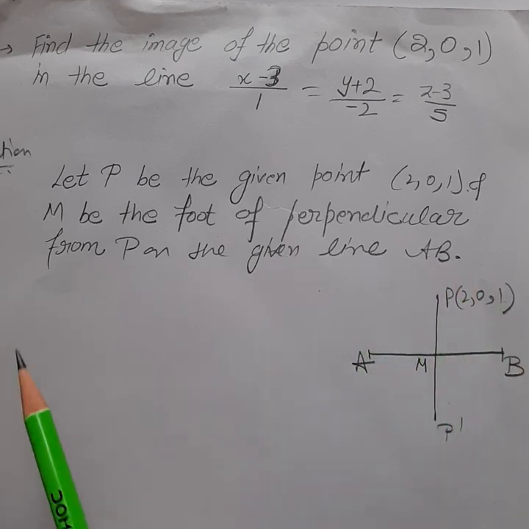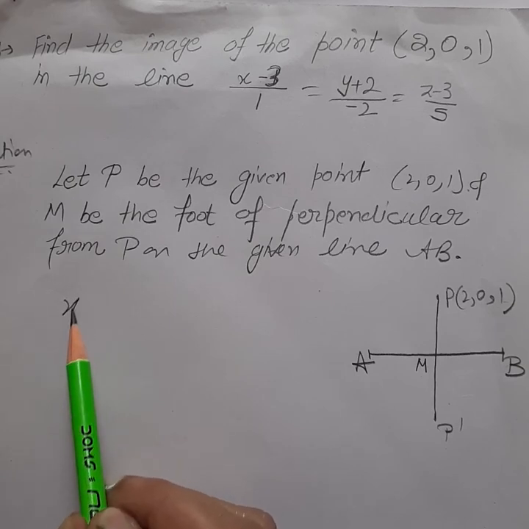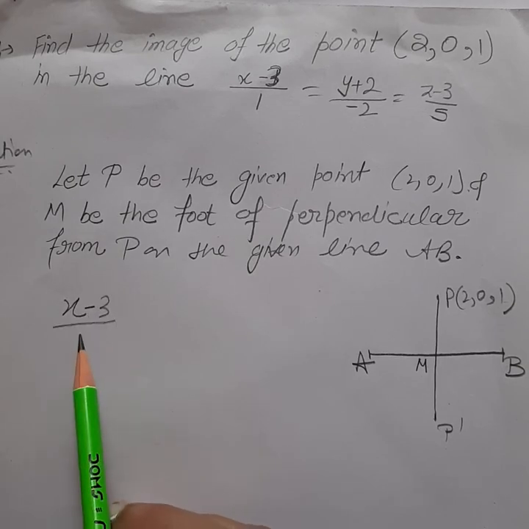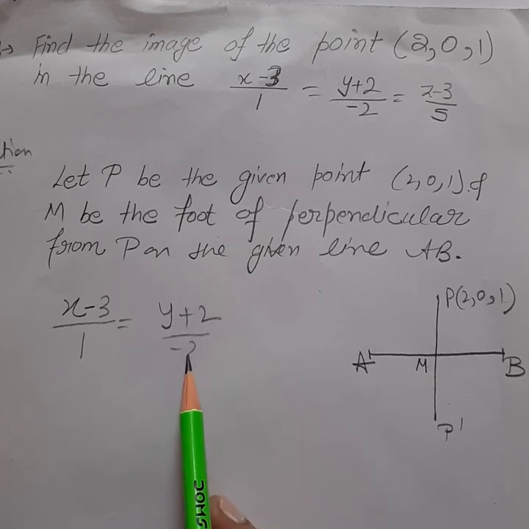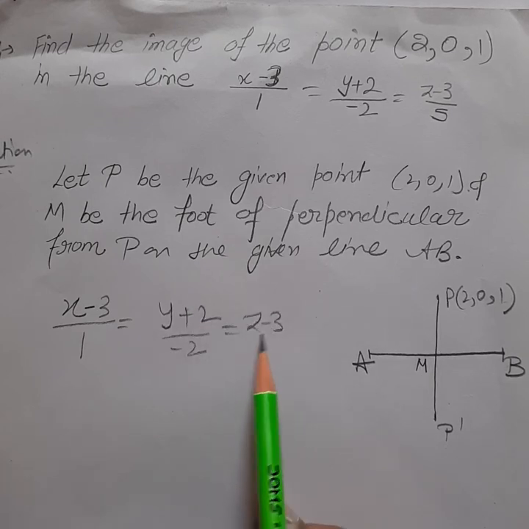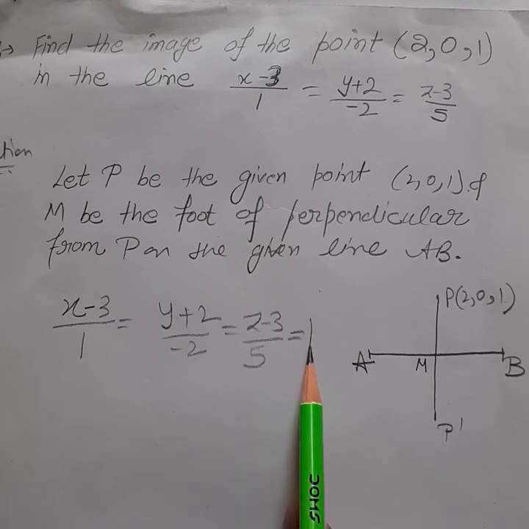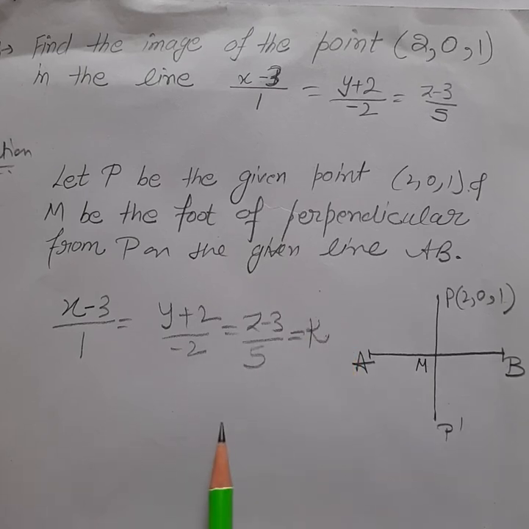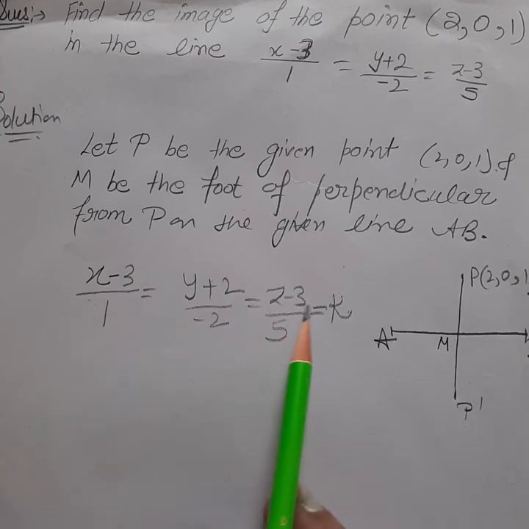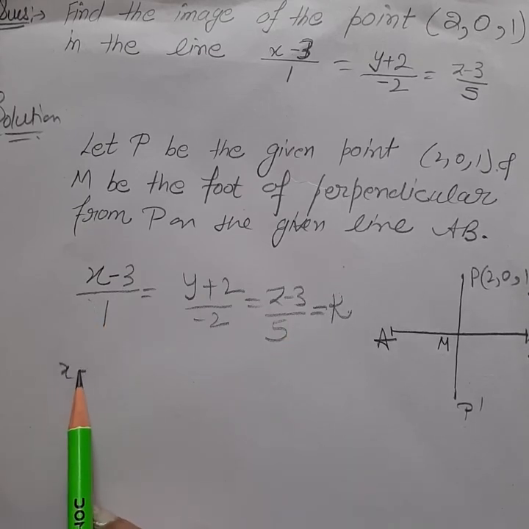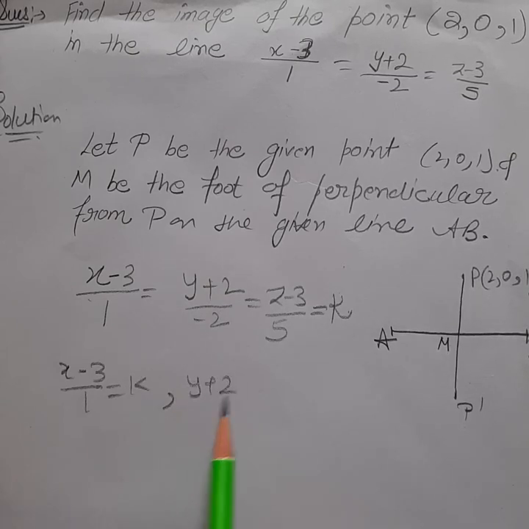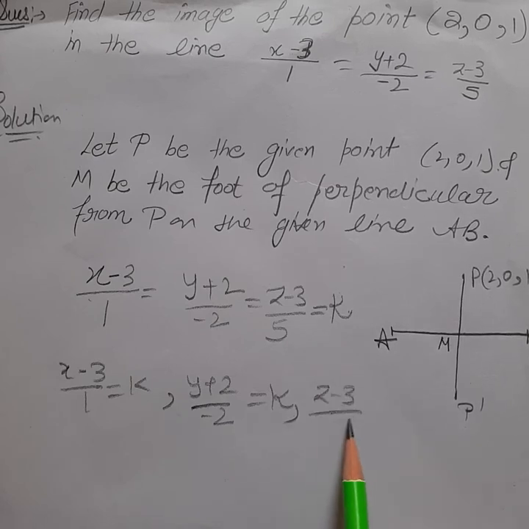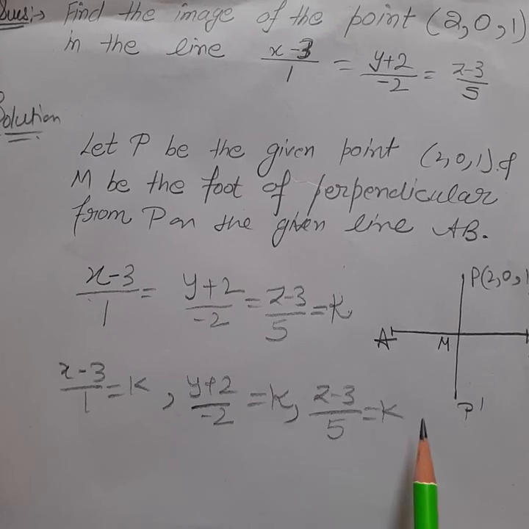Okay. Now first of all, to solve this question, we write the given equation of the line. In this way you can write it, and after that we put it equal to k, any constant. So by comparing the first term with k, and the second one also, you can write it equal to k, and (z minus 3) upon 5 is equal to k.